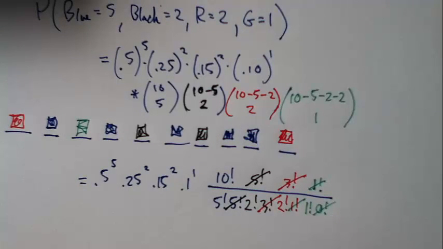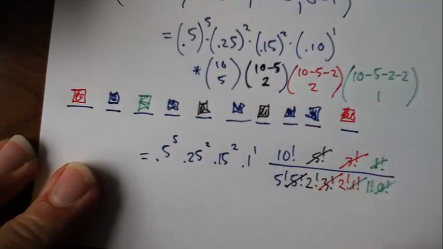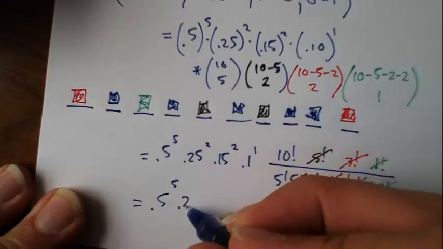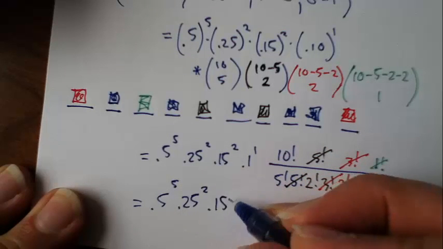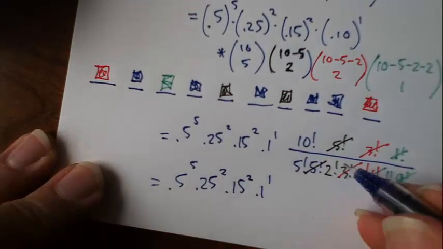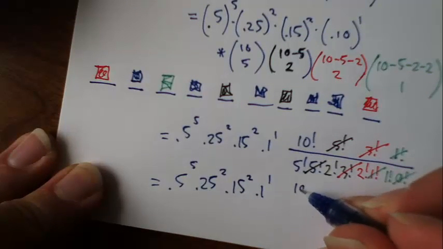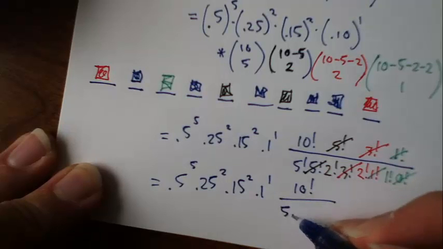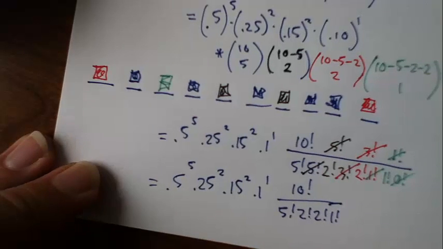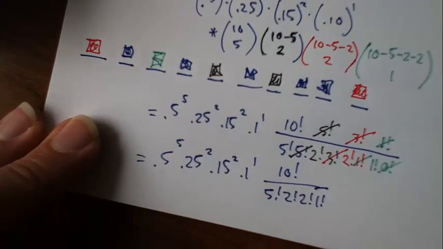So this becomes 0.5 to the 5th times 1/4 to the 2nd times 0.15 to the 2nd times 0.1 to the 1st times 10 factorial over 5 factorial, 2 factorial, 2 factorial, 1 factorial, right? Okay, so that's that probability.